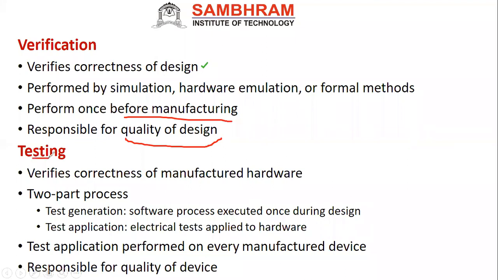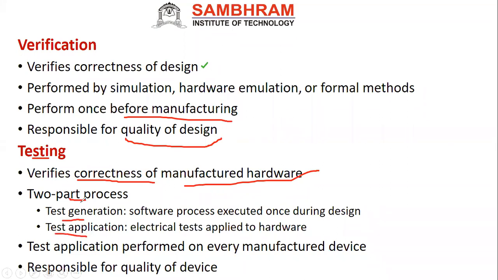Next, when I go for testing, it verifies the correctness of the manufactured hardware. The testing engineer verifies the correctness of manufactured hardware. Here testing is a two-part process: one is test generation, the other is test application.